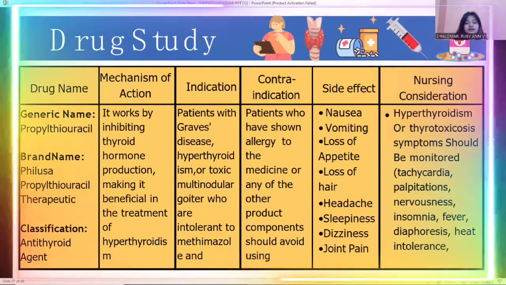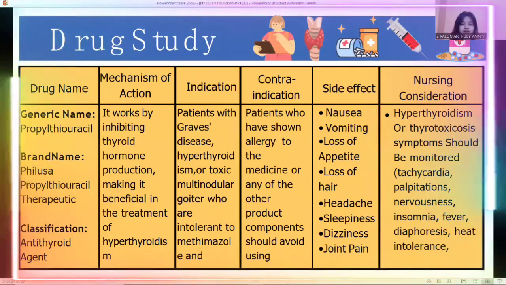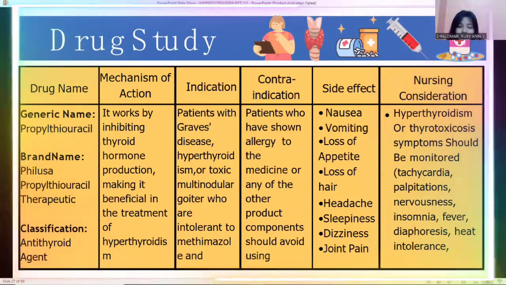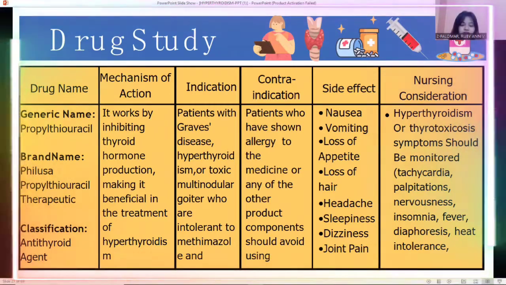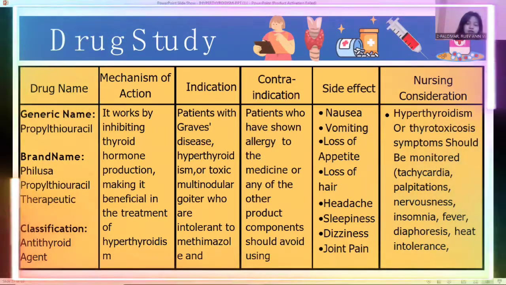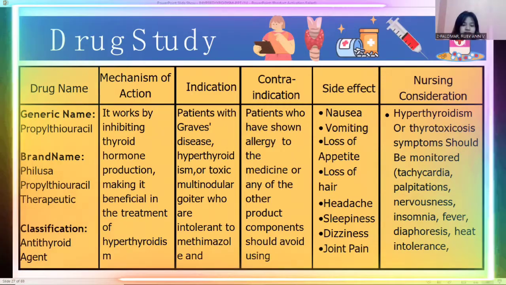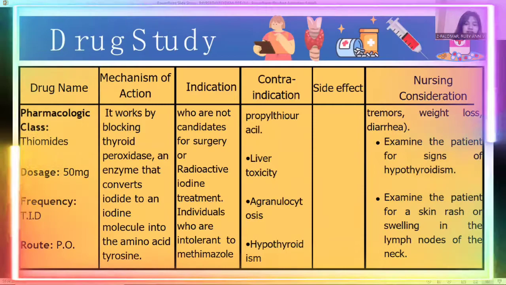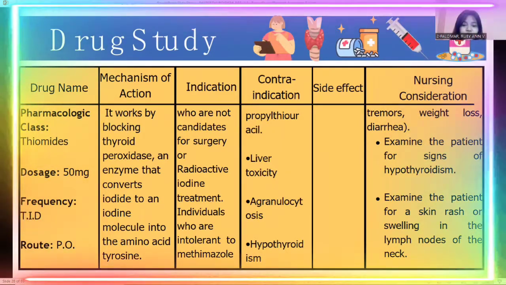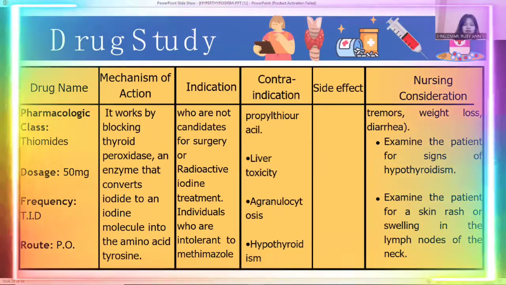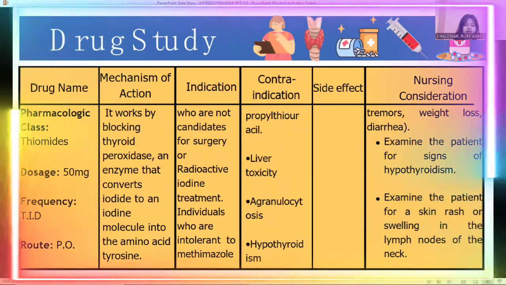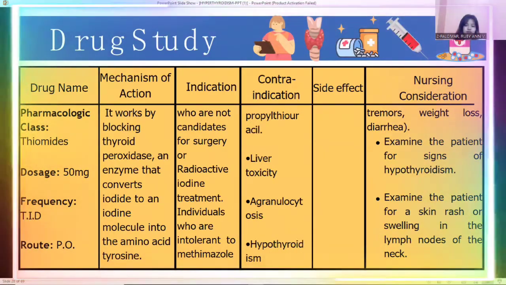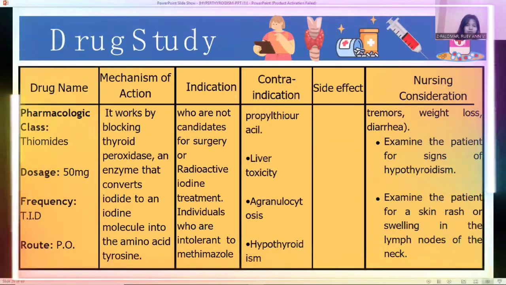For the nursing consideration, hyperthyroidism or thyrotoxicosis symptoms should be monitored, such as tachycardia, palpitation, nervousness, insomnia, fever, diaphoresis, heat intolerance, tremors, weight loss, diarrhea, and examine the patient for signs of hypothyroidism. Last is examine the patient for a skin rash or swelling in the lymph nodes of the neck. Next po.